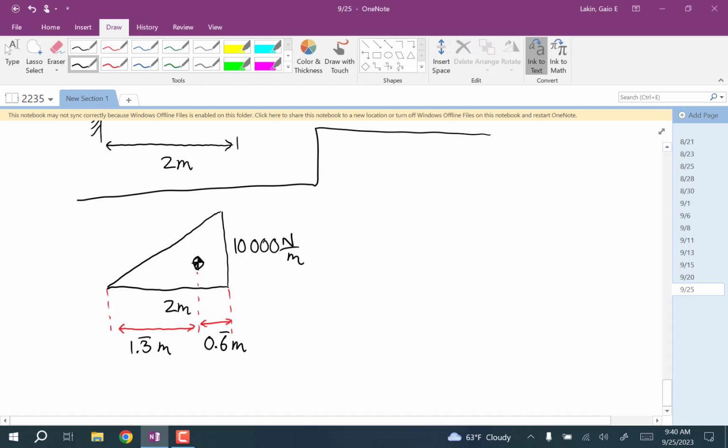And like I said, we could calculate that vertical centroid, but it doesn't matter for anything. It doesn't mean anything. Okay. And the area of this shape is base times height over 2. So that's just 10,000.